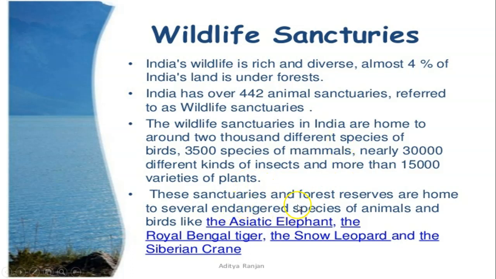These sanctuaries and forest reserves are home to several endangered species of animals and birds like the Asiatic elephant, the Royal Bengal tiger, the snow leopard, and the Siberian crane.